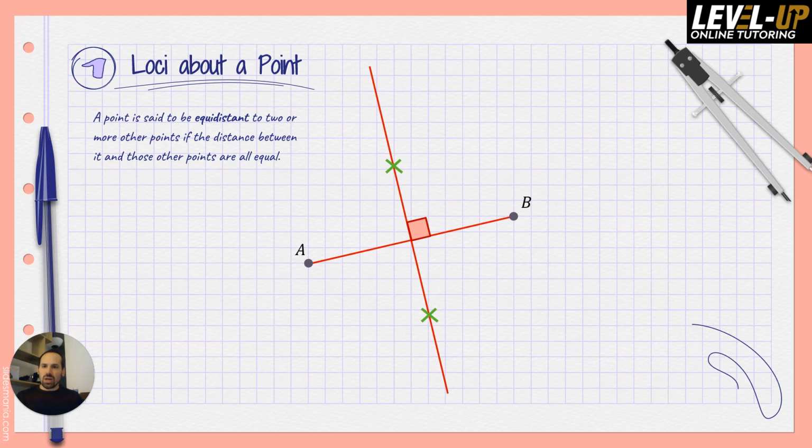Also, every point along that perpendicular bisector is going to be an equal distance from both A and B. You see this point here forms an isosceles triangle, and you can imagine sliding those green points up or down; the distance to A and B is always going to be the same because it's always going to be an isosceles triangle. So those points along that line are said to be equidistant to points A and B, equidistant meaning it's equal distance to both of those points.